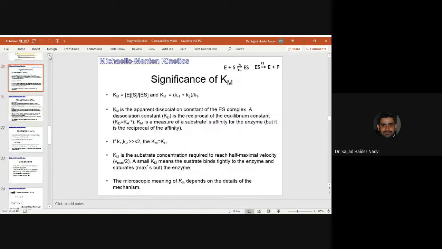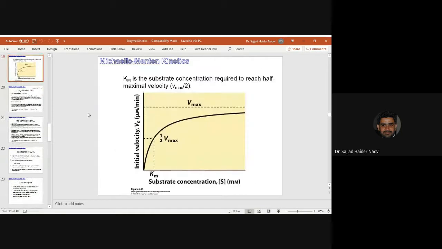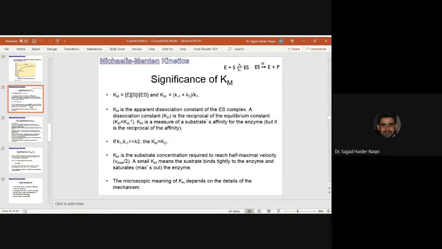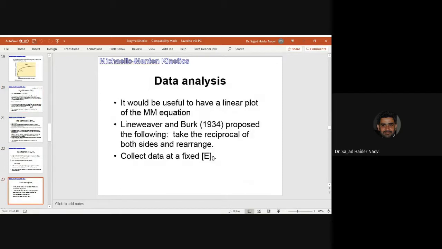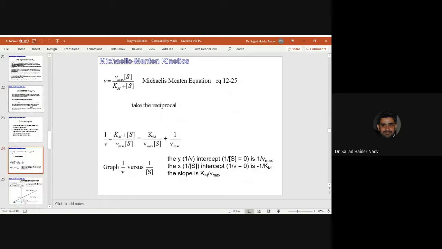If you go back again to the graph here, on the y-axis we have velocity and on the x-axis we have substrate. What they have done is, instead of substrate, they have taken 1 upon substrate, that means the reciprocal. And instead of velocity, they have taken its reciprocal, 1 upon v. So just by taking the reciprocals of these two, they have converted a curved graph into a straight line graph.